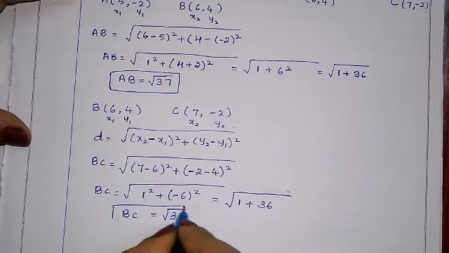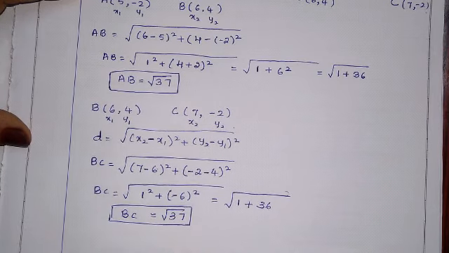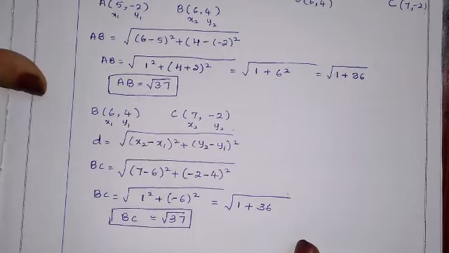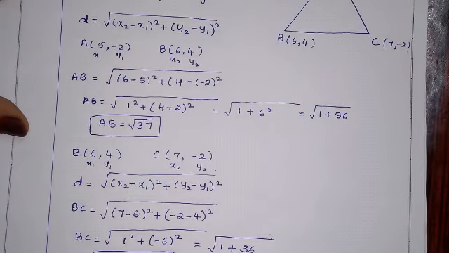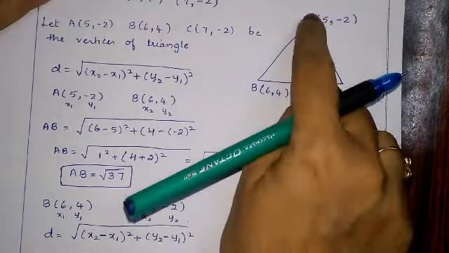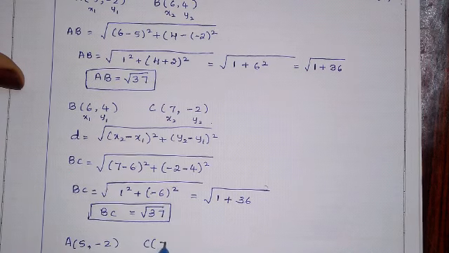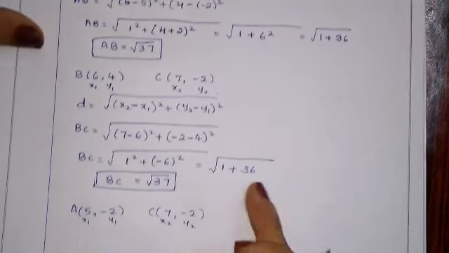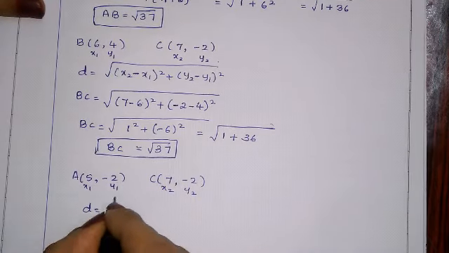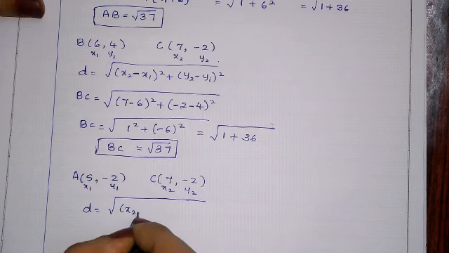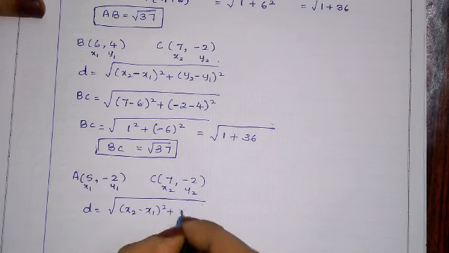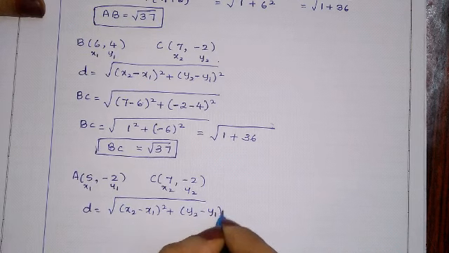So here we got two sides the same, but we should check the third side also. If the third side is also the same, it is an equilateral triangle. So we check the AC side now. A is (5, minus 2) and C is (7, minus 2). D is equal to root of (x2 minus x1) whole square plus (y2 minus y1) whole square.